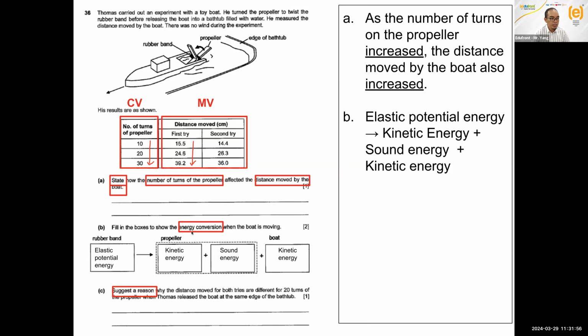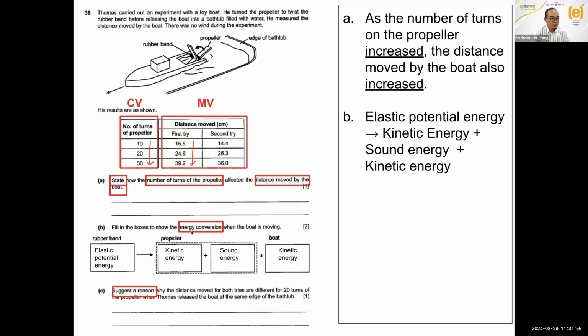So you can see here, for the answer to part C, you have to link back to the number of turns in the rubber band, which is the elastic potential energy. So this gives you a very, very important clue. Very subtle, right? So the rubber band may not have been twisted to the same extent, even though the propeller is turned the same number of times. Here, how they stretch the rubber band is by turning the propeller.